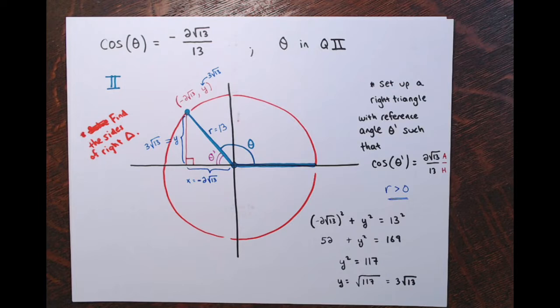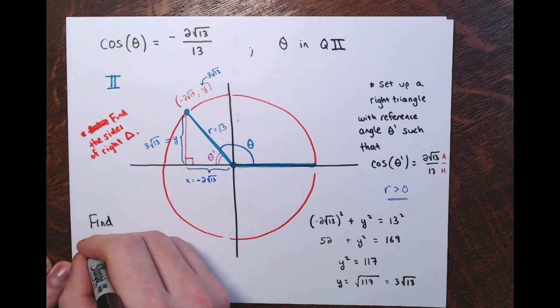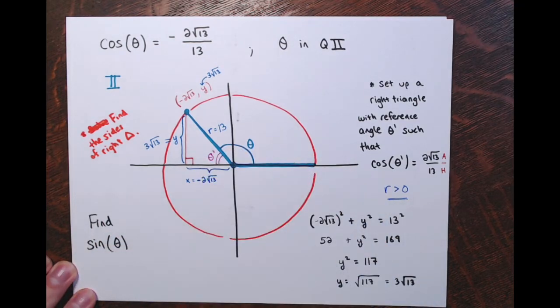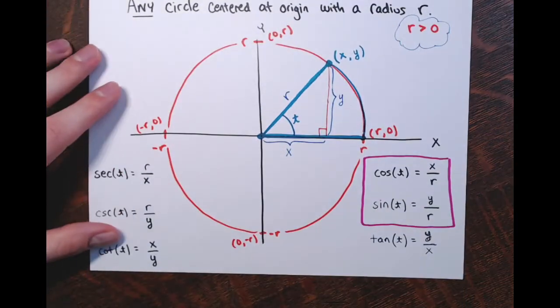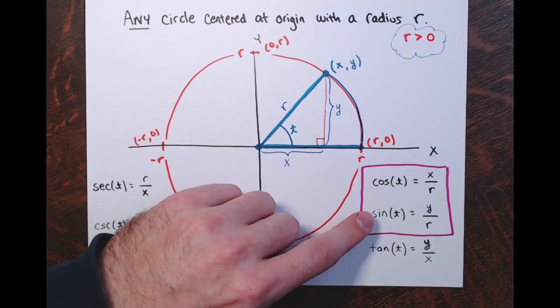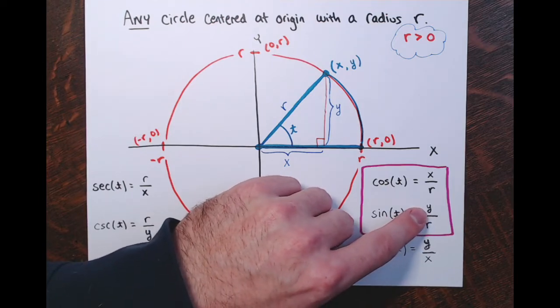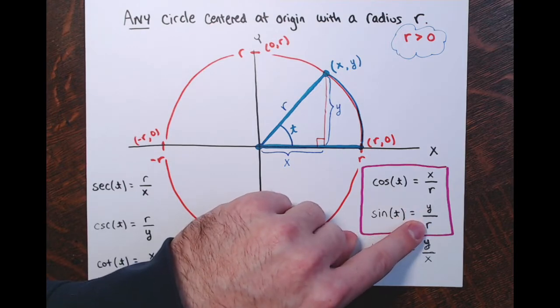Okay, now that I have all this information, we're asked to find the sine of this angle, the sine of theta. And remember from earlier, again, this picture, these relationships are always happening. The sine of an angle I draw in some circle is the y coordinate of the point on the circle I stop at divided by the radius of that circle.